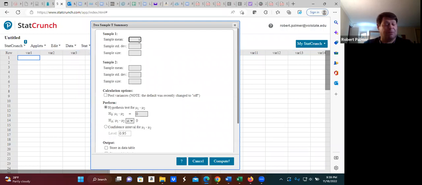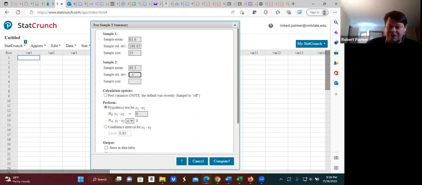Let's type in the values. Number 1 was the Disney values. So our mean was 61.6. Our standard deviation was 118.85. And our sample size was 33. And for the second one, the other movies, the mean was 49.3.